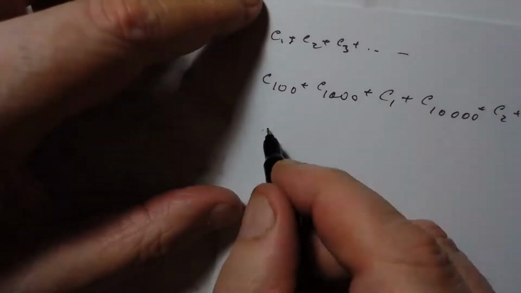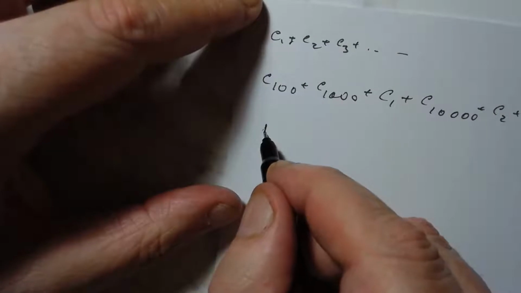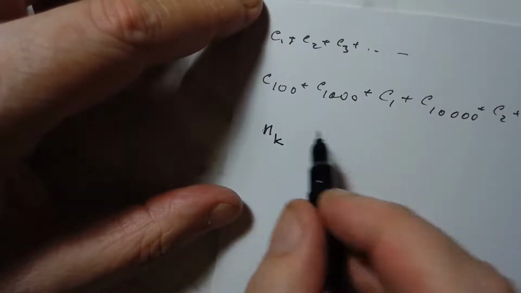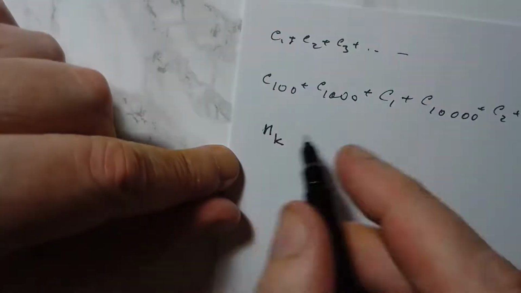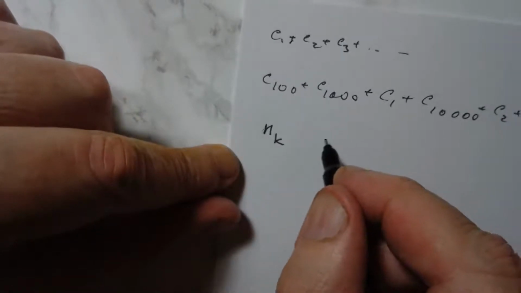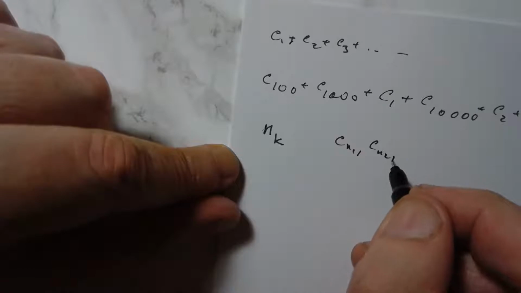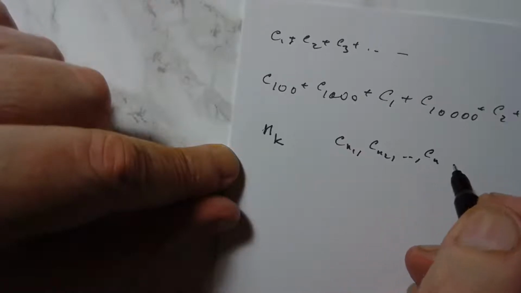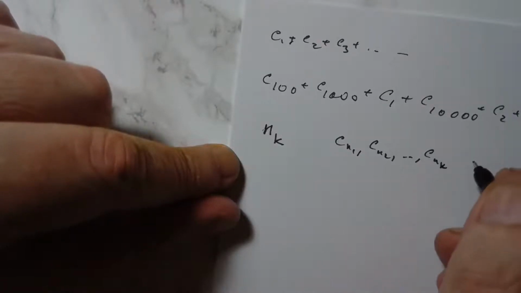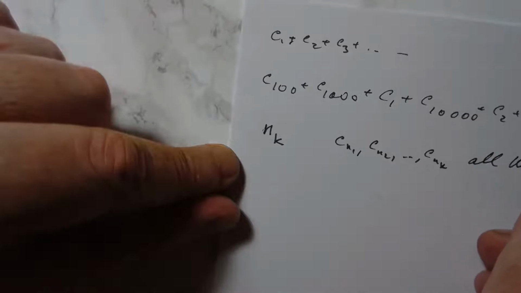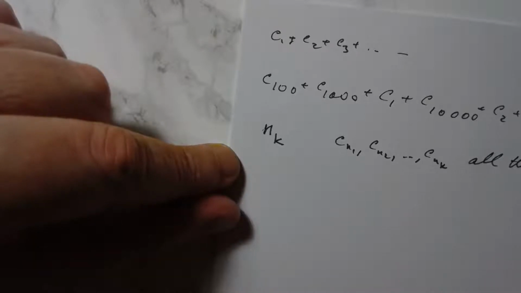And what I claim is that for some sufficiently large n_k, when n_k is very, very large, it means that among the numbers C_{n_1}, C_{n_2}, etc., C_{n_k}, all the numbers C_1, etc., C_n appear.